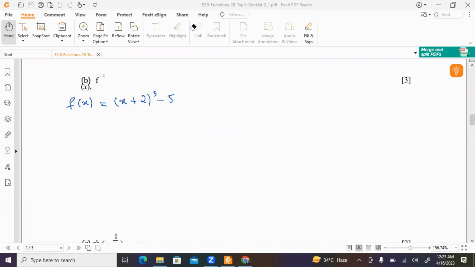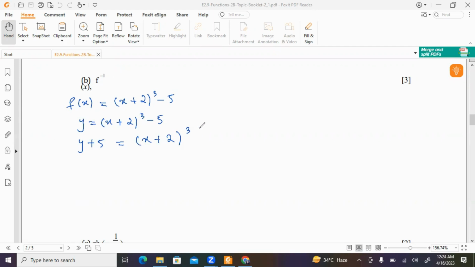This is given in the completing square format, and we have to find its inverse. First step, as you know, we replace f(x) with y. Now we're going to make x the subject. I'm going to take the 5 to the other side. When you take 5 to the other side, its sign changes since it's originally negative. On the left hand side, it's going to be positive.